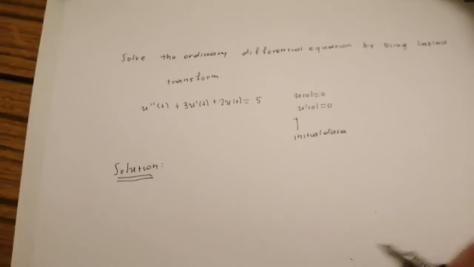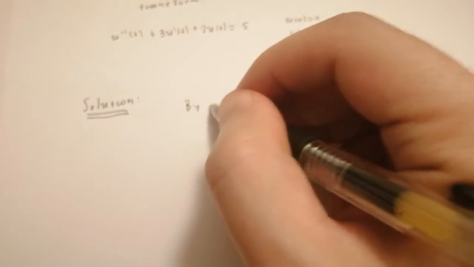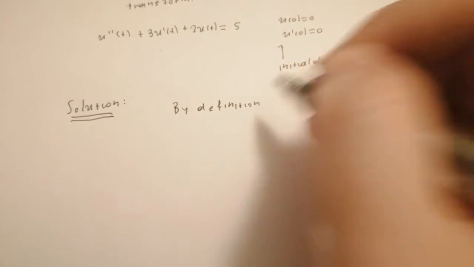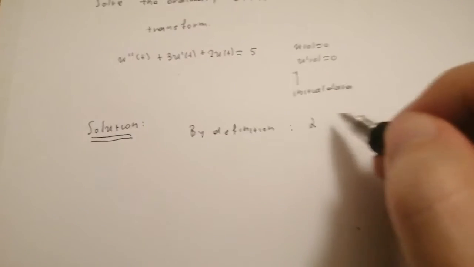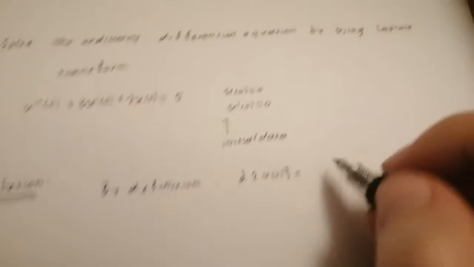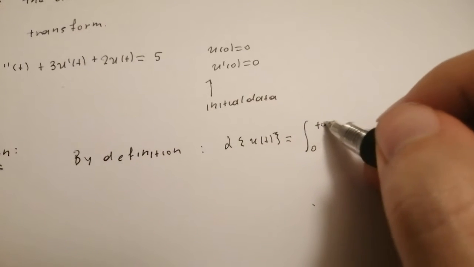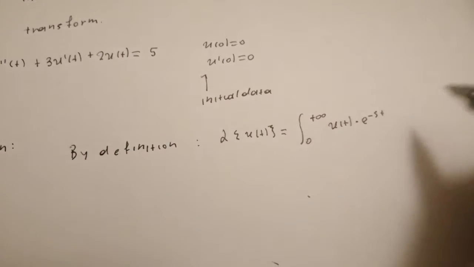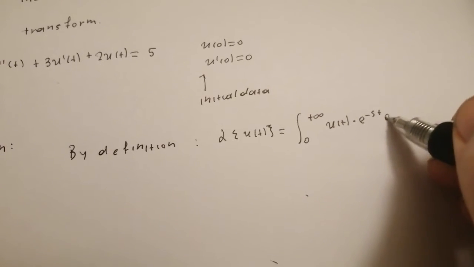By definition, the Laplace transform of the function u of t is equal to the integral from 0 to infinity of u of t times the exponential of minus s t dt.